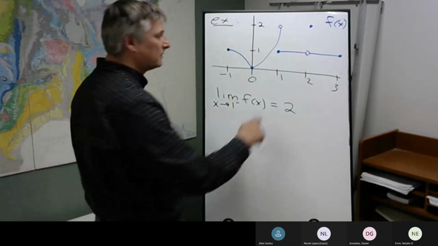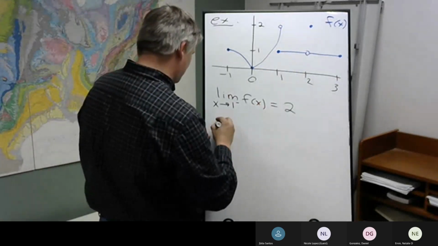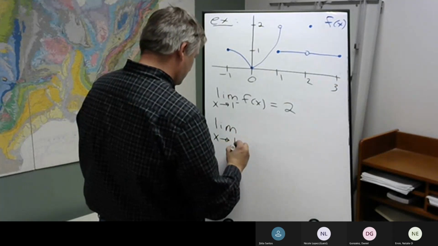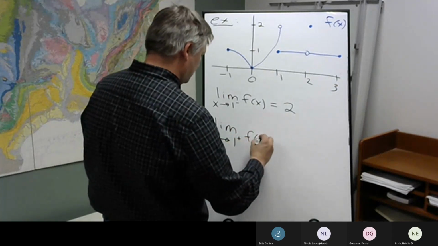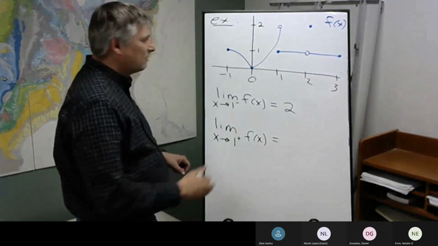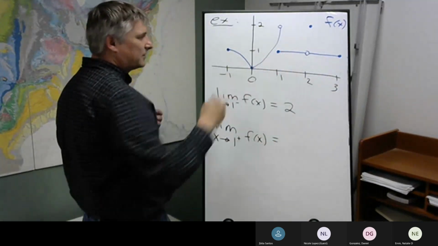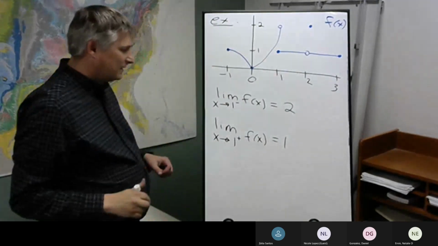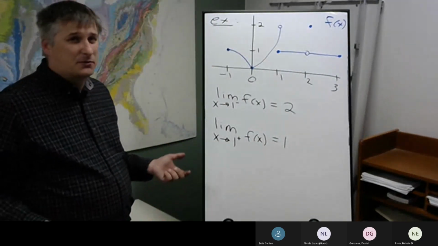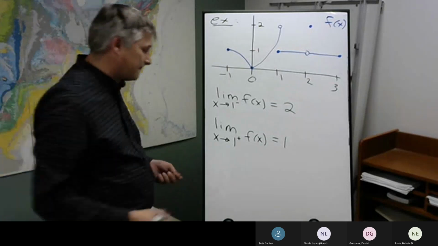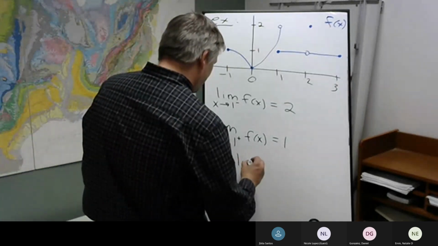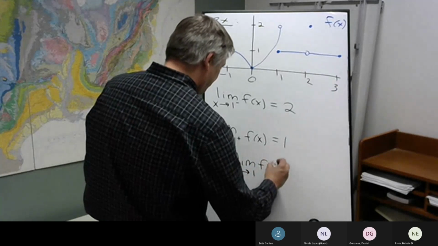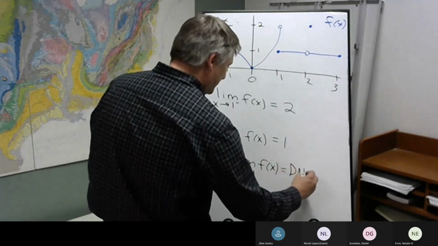But if we approach 1 from the right, well, you're going to have a value of 1 for your f of x. So we've got 2 different values for the 2 different one-sided limits. So that's going to say that the limit as x goes to 1 of f of x does not exist.